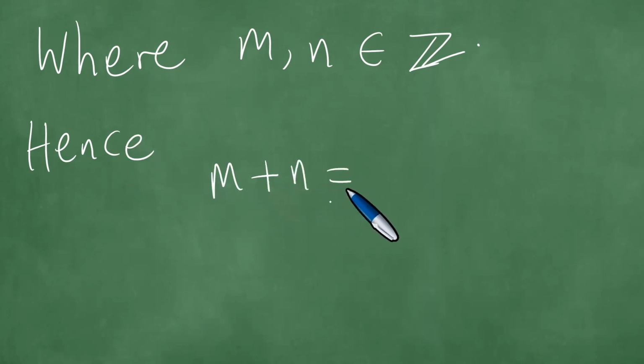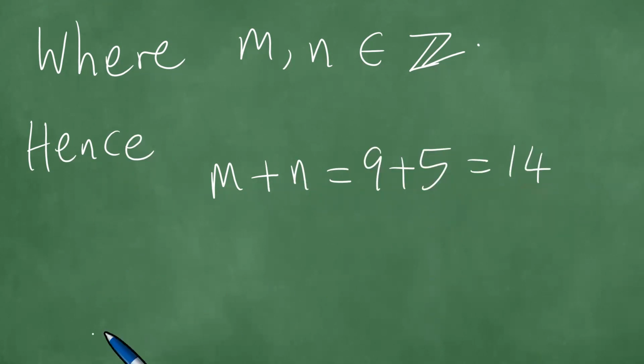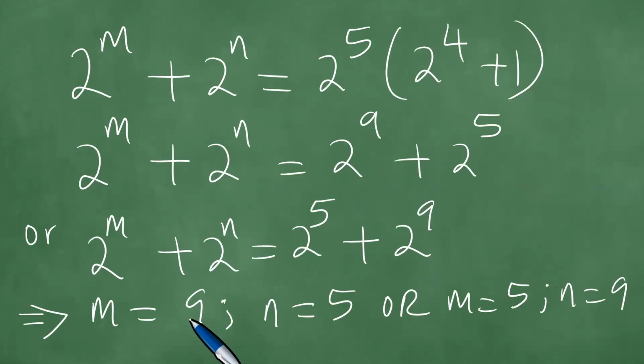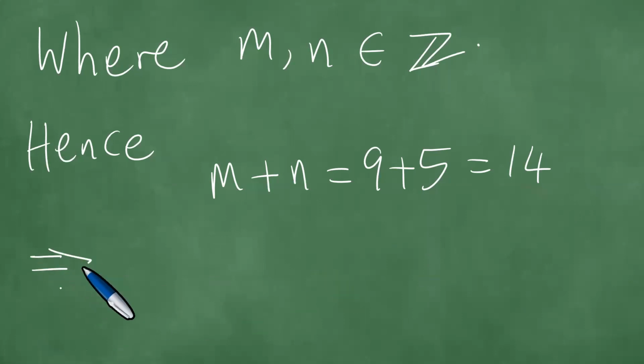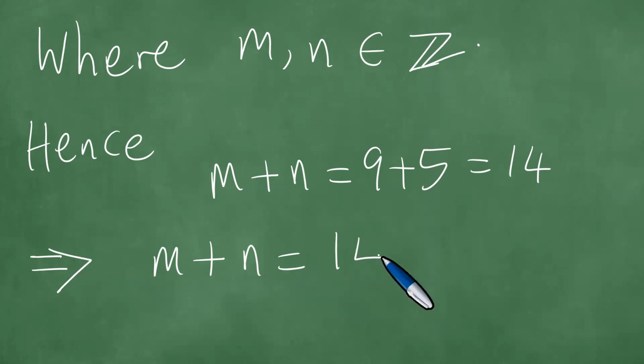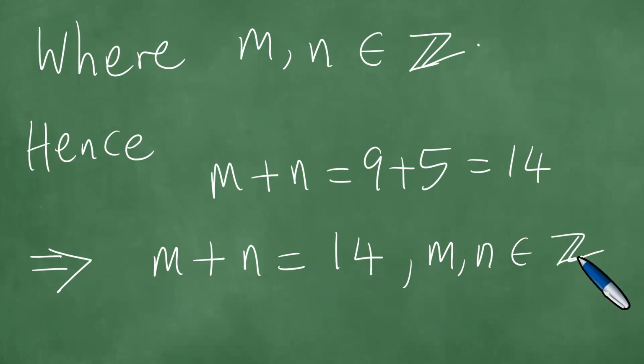M plus n is 9 plus 5, which is equal to 14. So in both cases, you have 9 plus 5, which is 14, or 5 plus 9, which is 14. So this implies that m plus n is equal to 14, where m and n are integers.